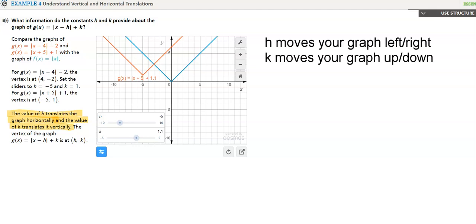And then this very bottom line here, let's see if I can highlight now, it gives you that vertex there. And you want to use H and K because you are going to see H and K in lots of different non-linear equations and functions for the rest of your math career.